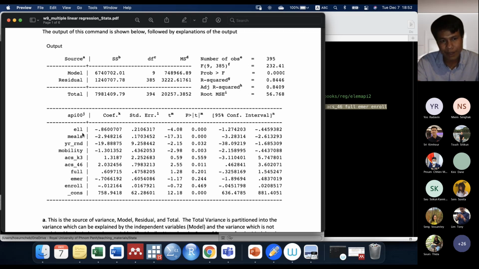Since we have a negative sign, if the proportion of English language learners increases by 1 unit, for instance in percent or in number, it will reduce academic performance by 0.86. Again, we only interpret this because we see there is almost zero chance that our parameter is equal to 0. To answer your question, is that clear?